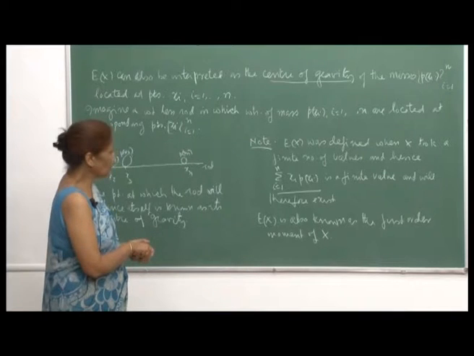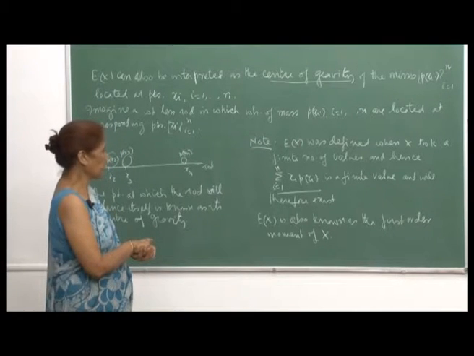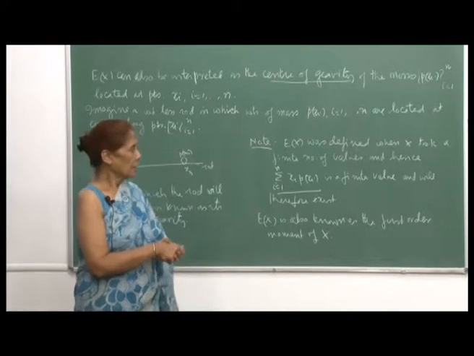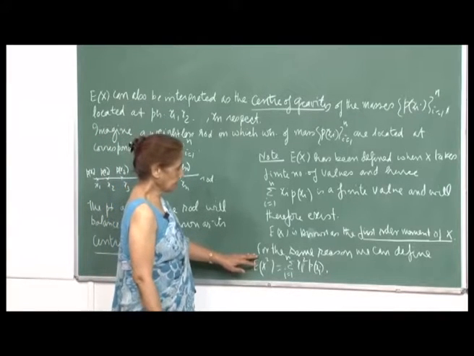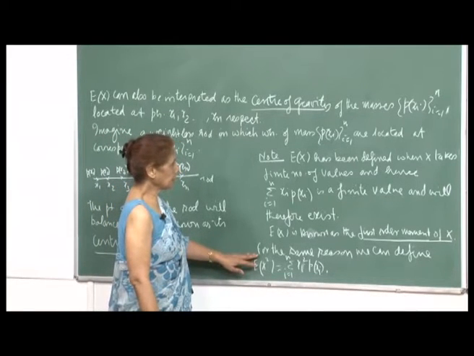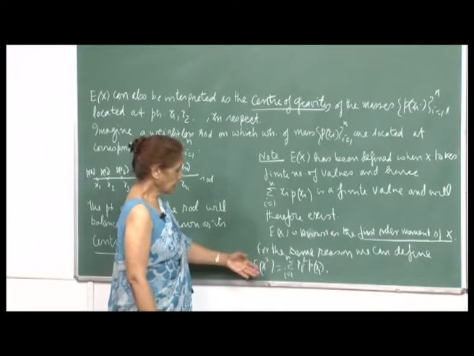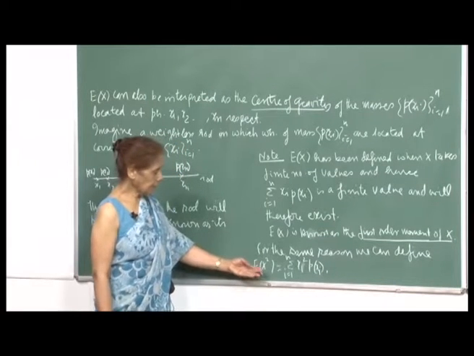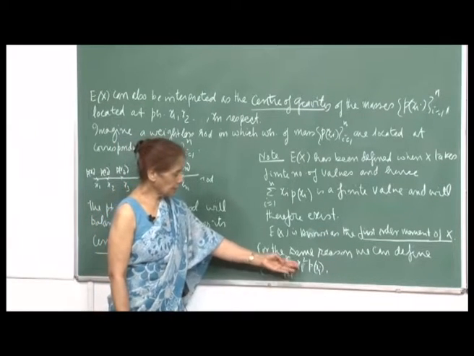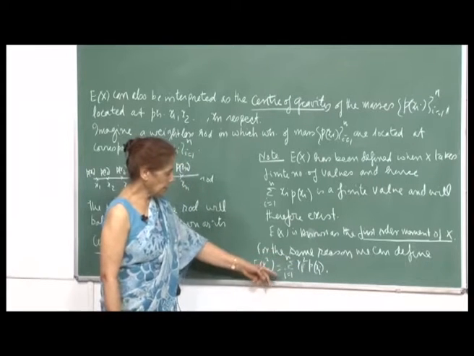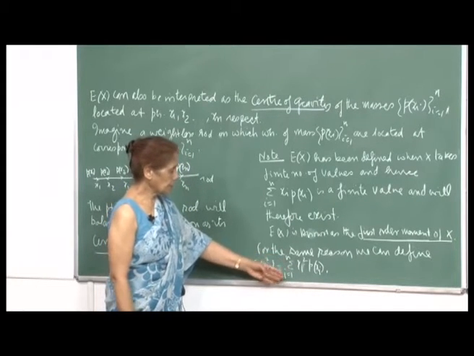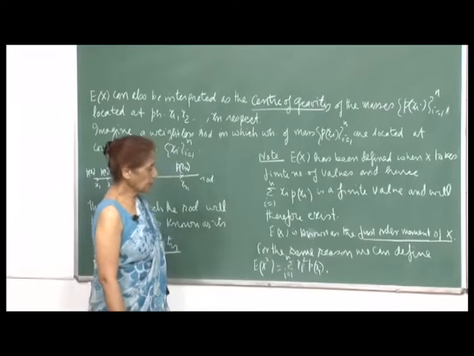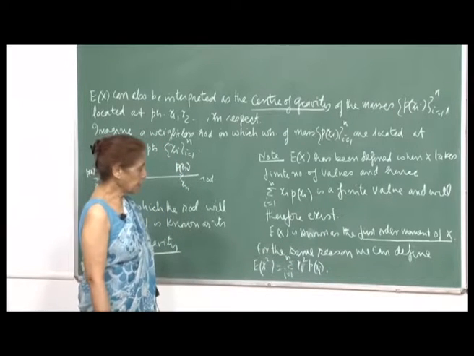Now, we also refer to E(X) as the first moment of X. When X is a discrete random variable taking a finite number of values, I can also define the expectation of X squared, which will be the sum of x_i squared p(x_i) for all i varying from 1 to n. Obviously, the summation is over all those i's for which p(x_i) is positive.